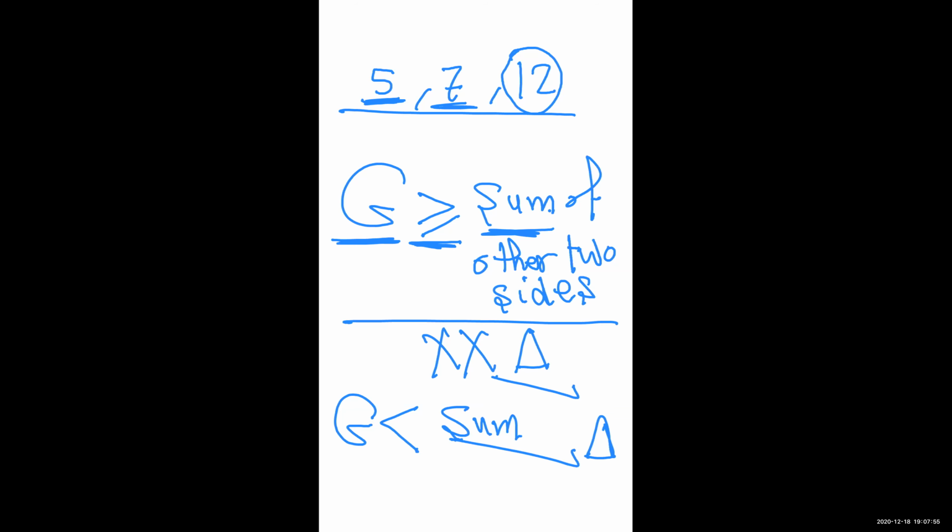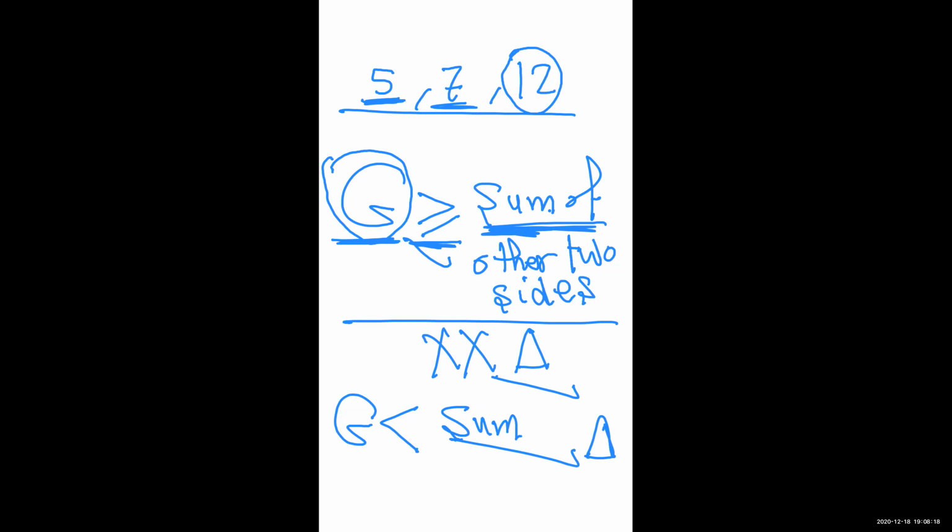So if the greatest is greater than or equal to the sum of the other two, it's not a triangle, because we just said that the sum of two sides inside any triangle is greater than the third.